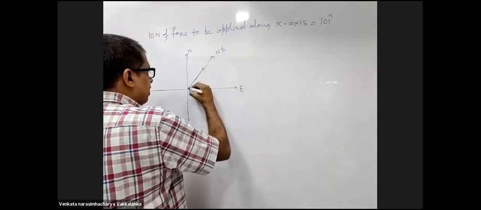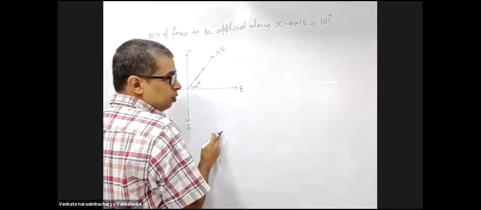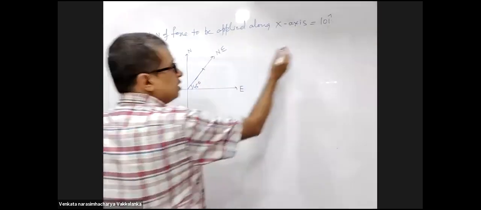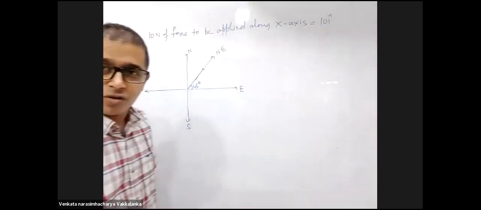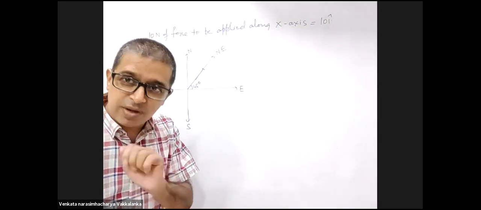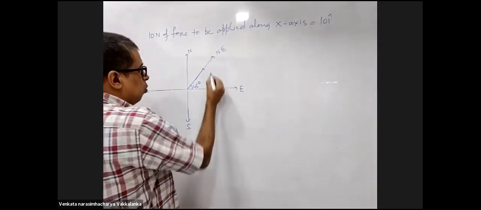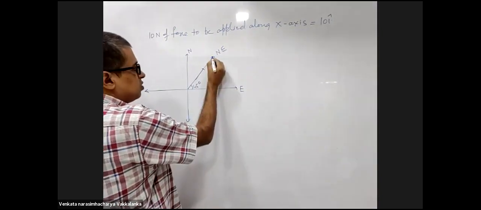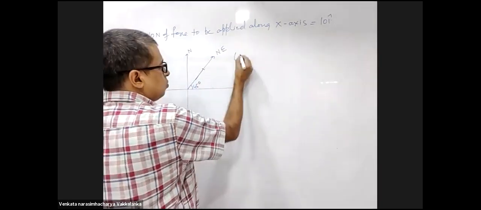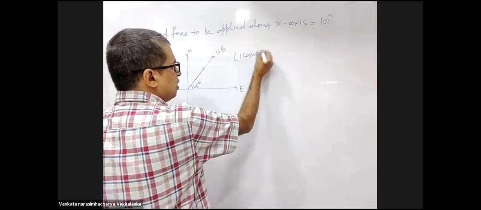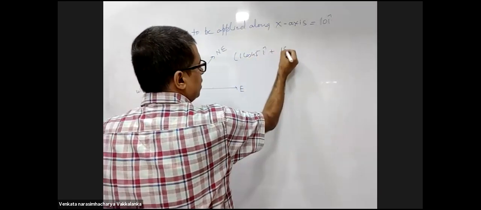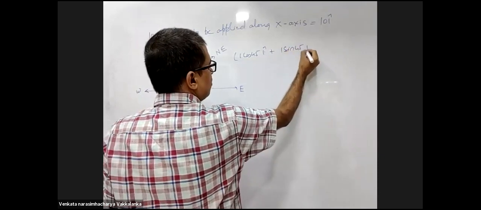Listen, if I take unit magnitude, I want only the unit vector along northeast. 1 cos 45, 1 sin 45. This direction will be 1 cos 45 i cap plus 1 sin 45 j cap.